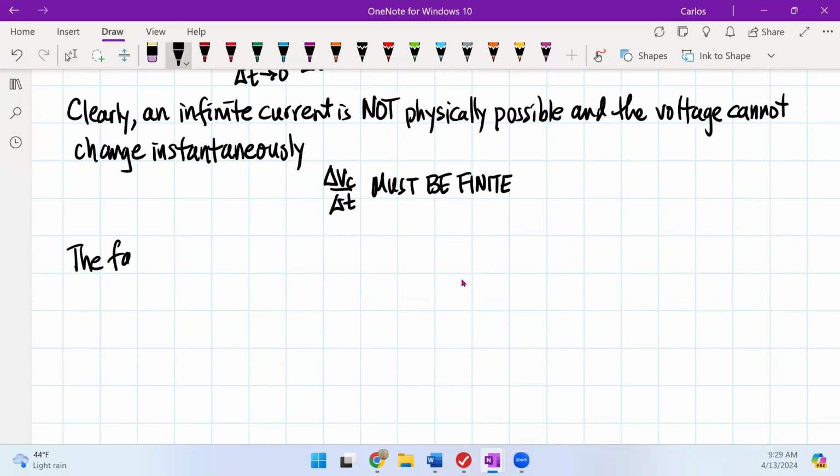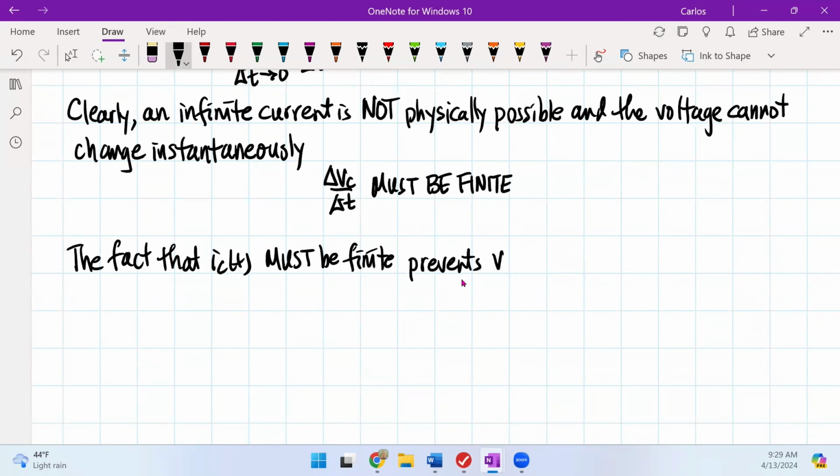The fact that Ic of t must be finite prevents Vc of t from changing instantaneously.